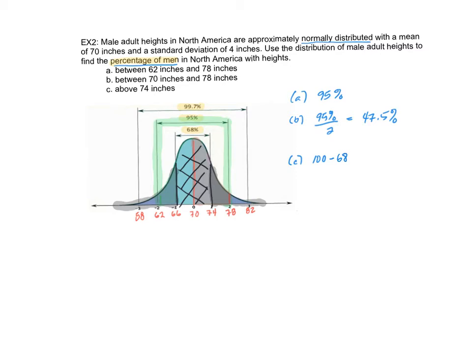So above 74 would be represented by half of that, which would be 32% over 2, or 16%.